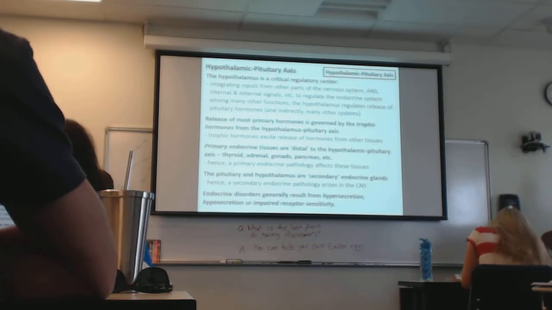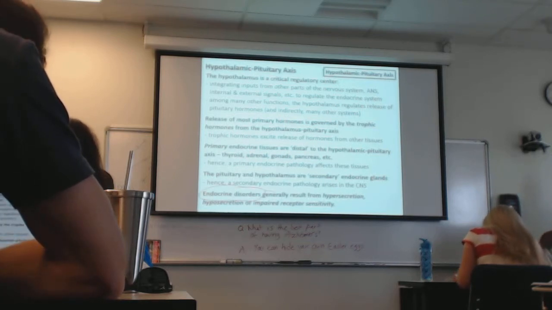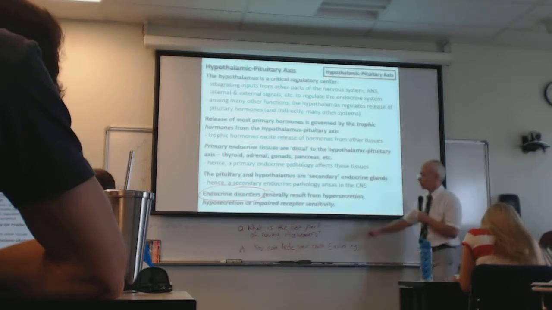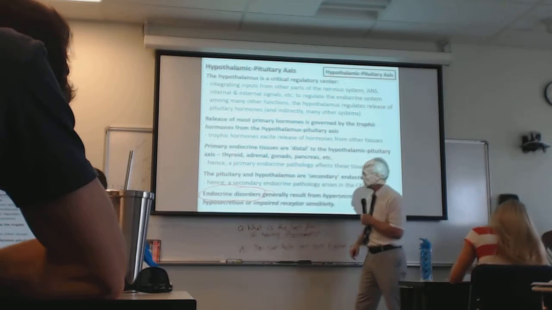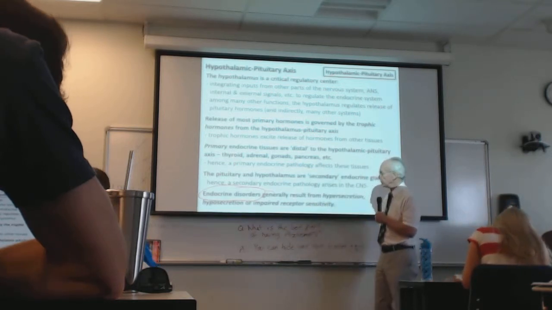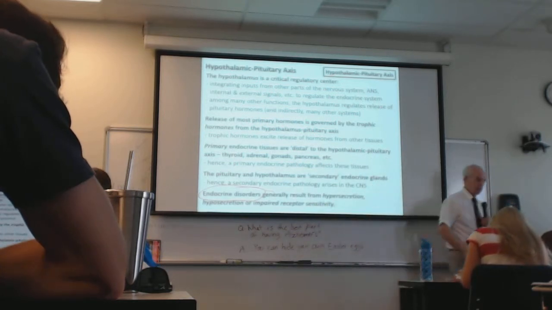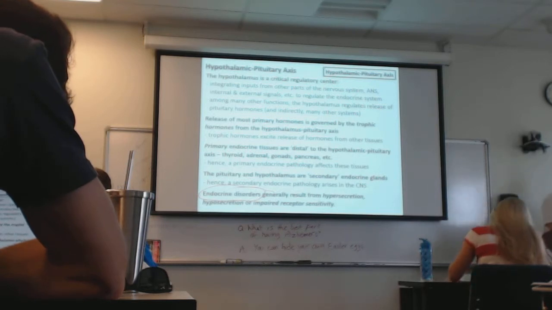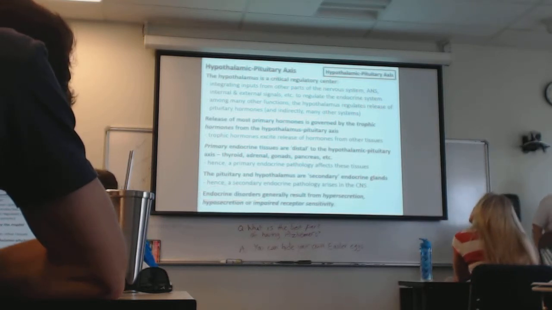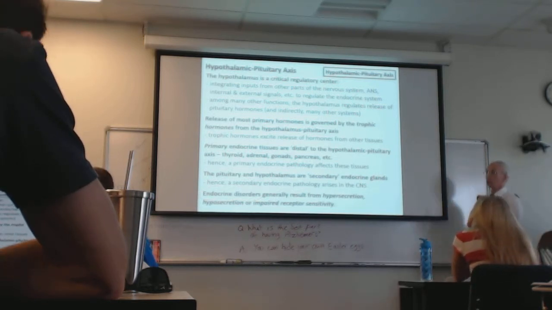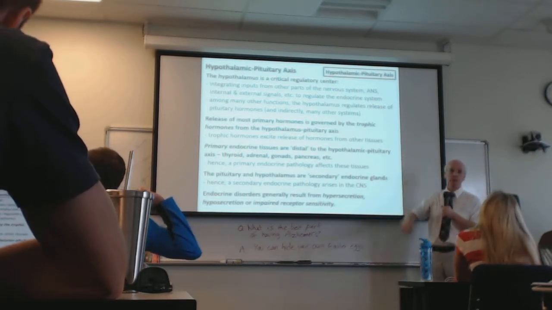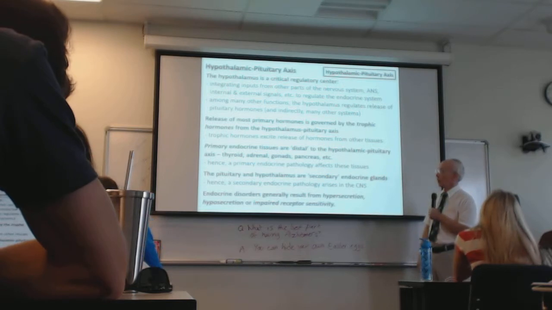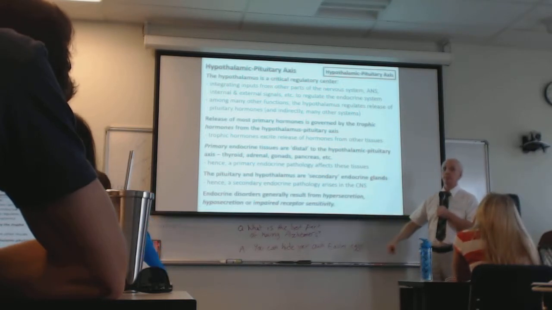See down here that most endocrine disorders, this is not a pathophysiology course, but most endocrine disorders involve hypersecretion, hyposecretion, or impaired receptor sensitivity. So most endocrine problems mean there's too much hormone, anywhere from hypothalamic all the way down to the primary systems. Or too little hormone.